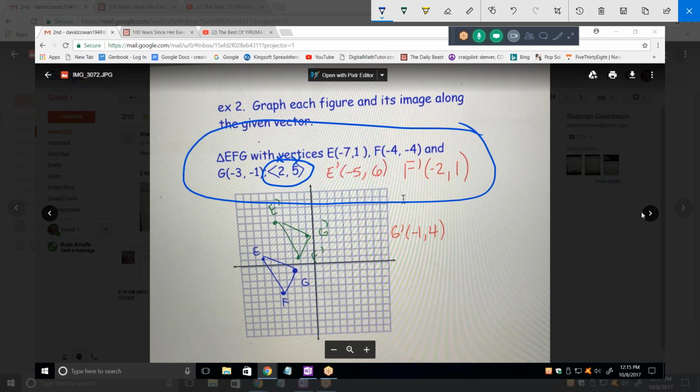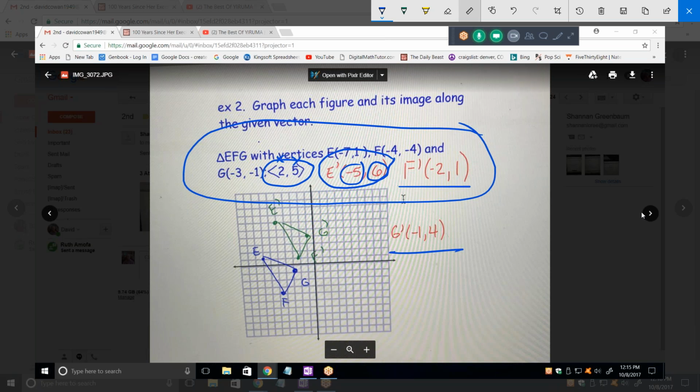To get these numbers, notice that they took point E and added the translation vector. I merely added 2 to the x coordinate to get -5, and I added 1 to the y coordinate to get 6. Each of these is gotten in that manner.